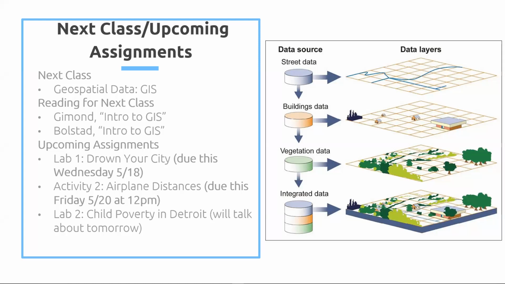I've mentioned GIS offhandedly a lot in this class so far, so tomorrow we're just going to talk about it. You have two short articles to read. One of them is actually a chapter in a book, but they're both very short, and they introduce you to the basic concepts of GIS and how it's applied.